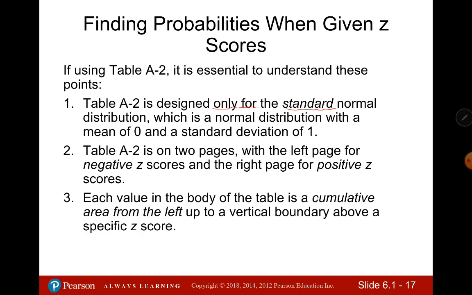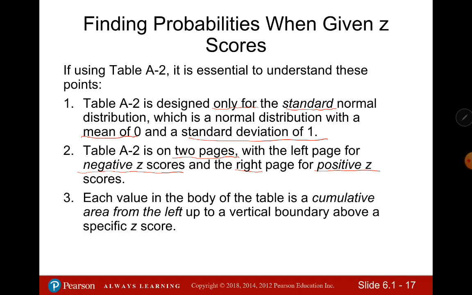If it's standard, we should follow again: mean is 0, sigma is 1. And for the Z table, we have 2 pages. On the first page, we have negative Z values, and the second page is the positive Z.